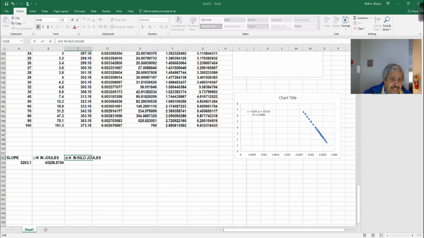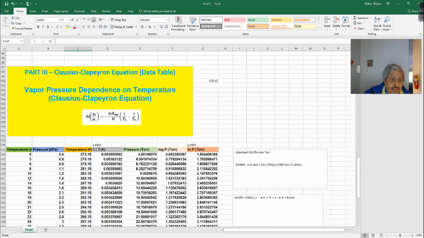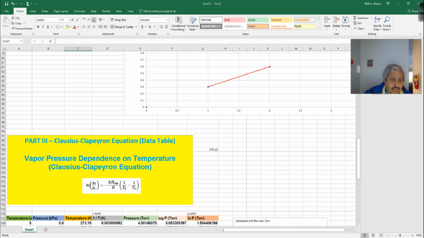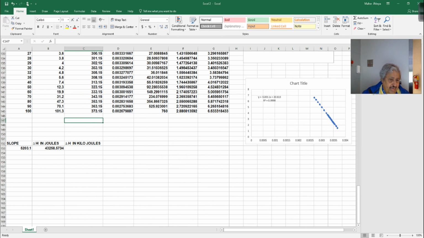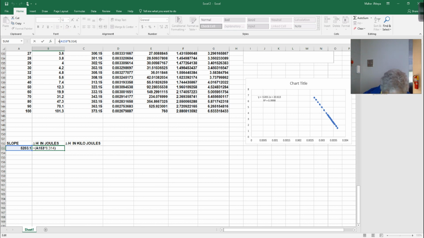Kilojoules. Okay, so then I take this one here. Kilojoules, and you can put the negative here. Negative, correct? And now I need this in kilojoules, not joules.